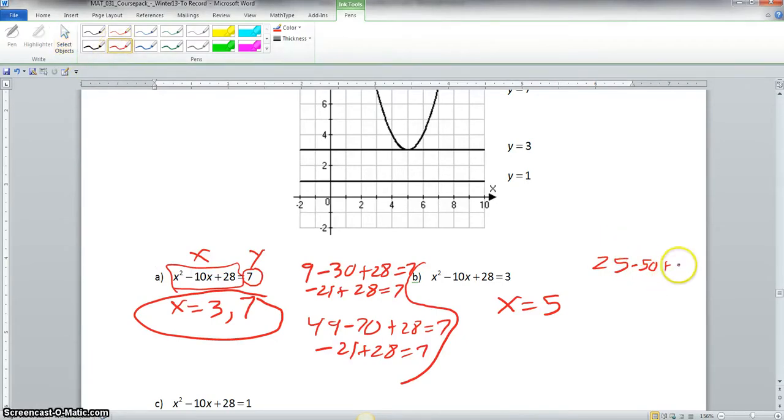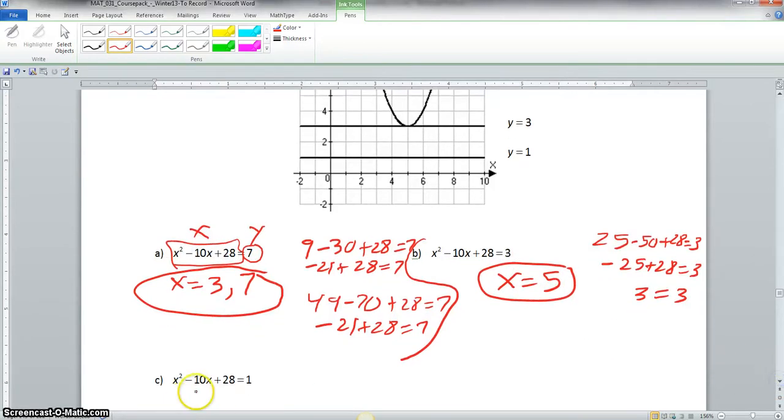So 25 minus 50, we know is negative 25. Plus 28 equals 3. So 3 is equal to 3. So we know x equals 5 is the solution.